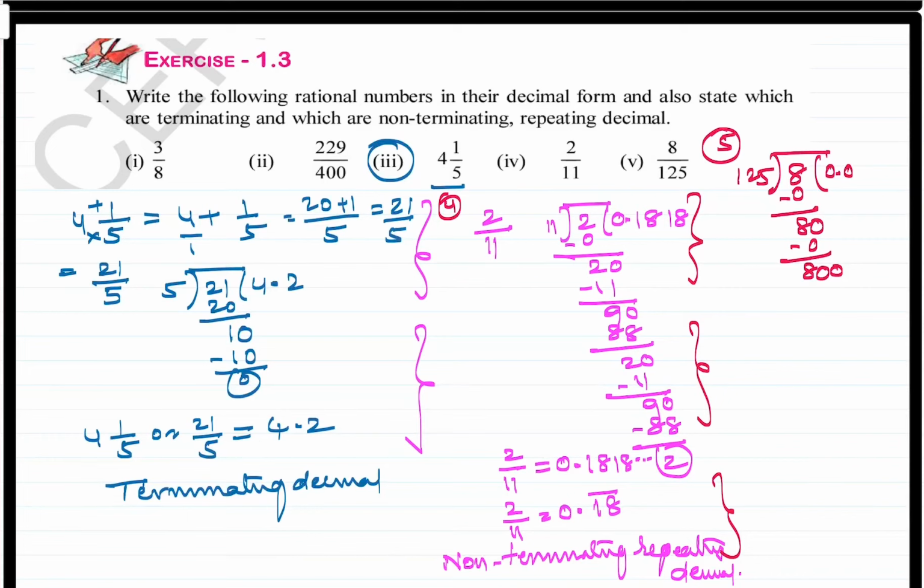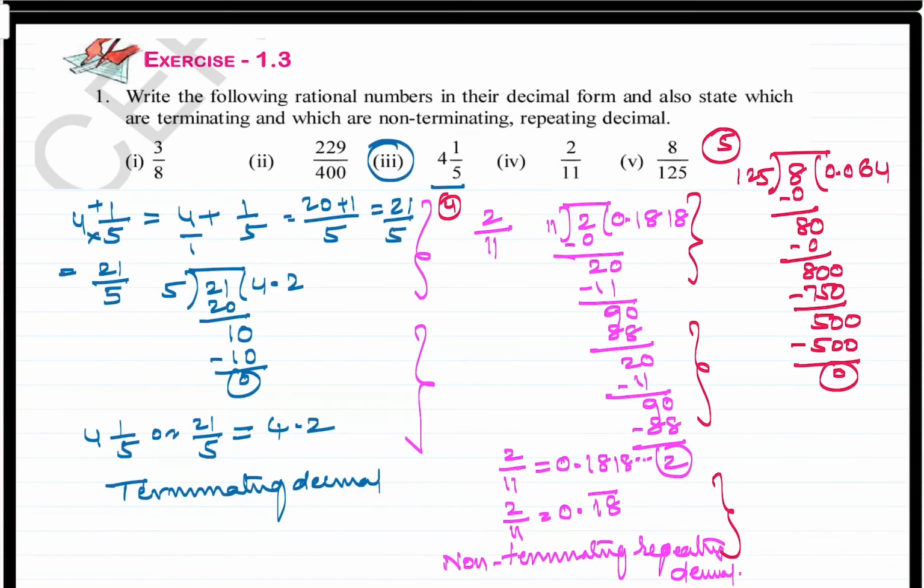125 6s are 750. Subtracting, you get 50. Again you add 0 here, it becomes 500. And 125 4s are 500. So the remainder is 0. The decimal expansion of 8 upon 125 is 0.064.